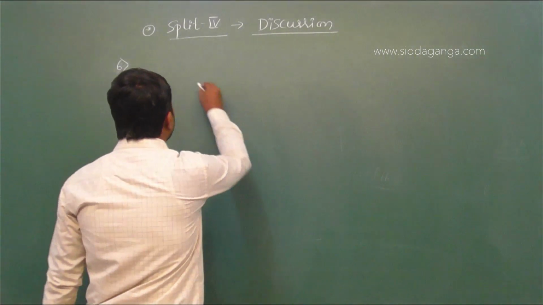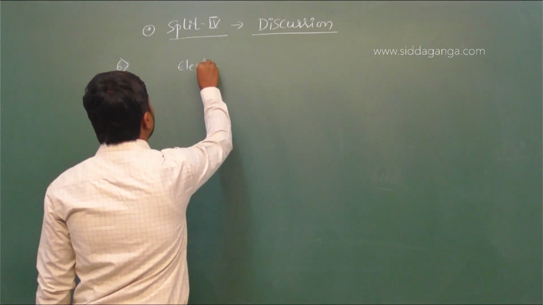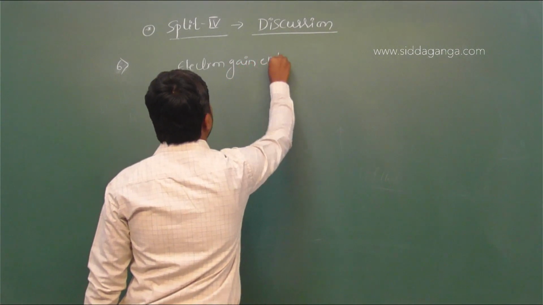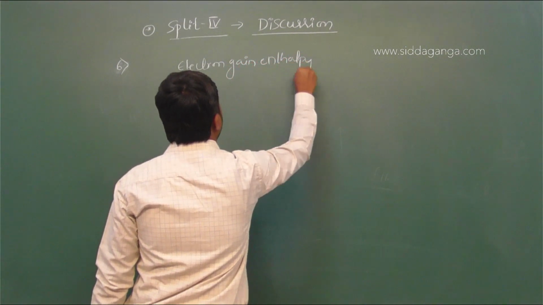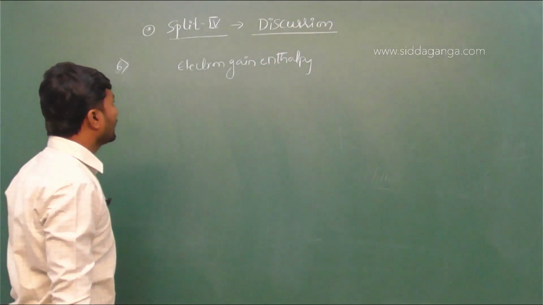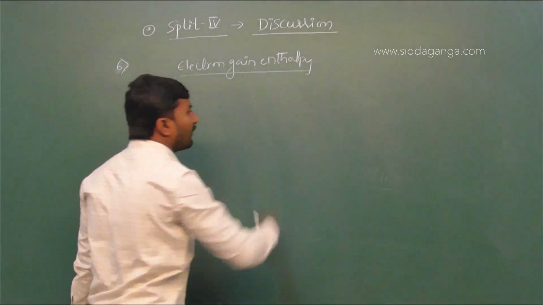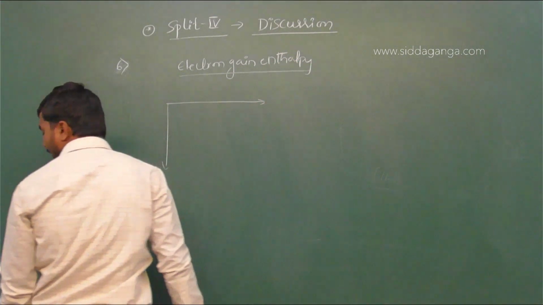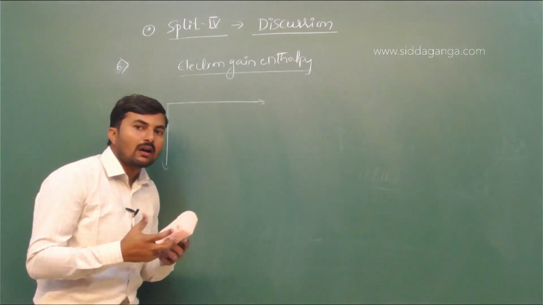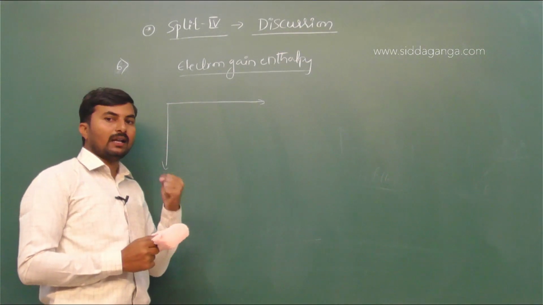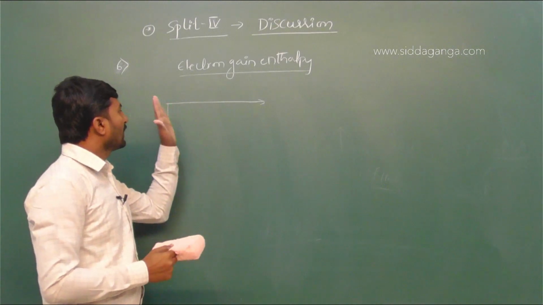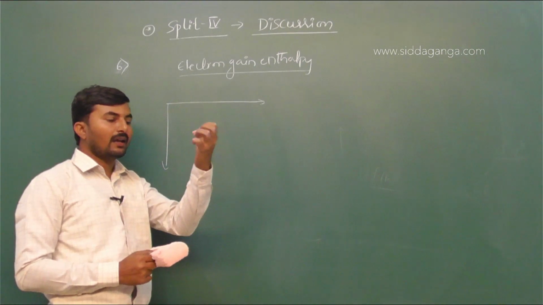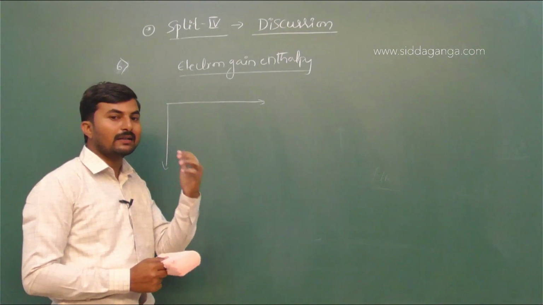So electron gain enthalpy, as we move along the period, the tendency of an element to accept an electron increases. Okay, now in our periodic table, when we move from left to right, the elements have a greater tendency to accept electrons.